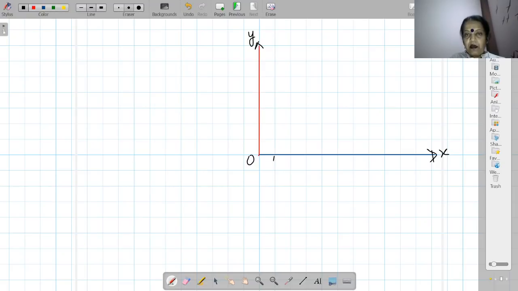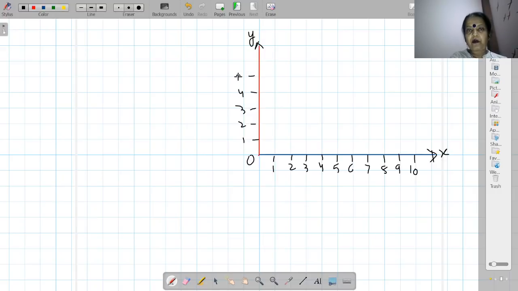Before that, name the numbering over here, but for this you have to remember that it should have equal division. Equal gap should be there. And same way on y-axis. I have taken a few concepts from your 9th class also. Okay. But in your syllabus only the first quadrant plotting is there.